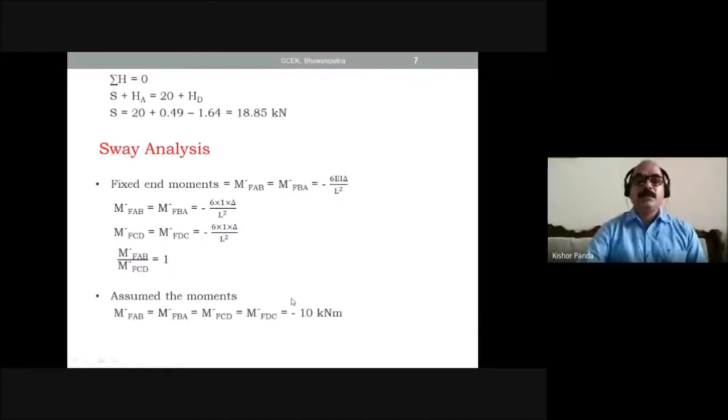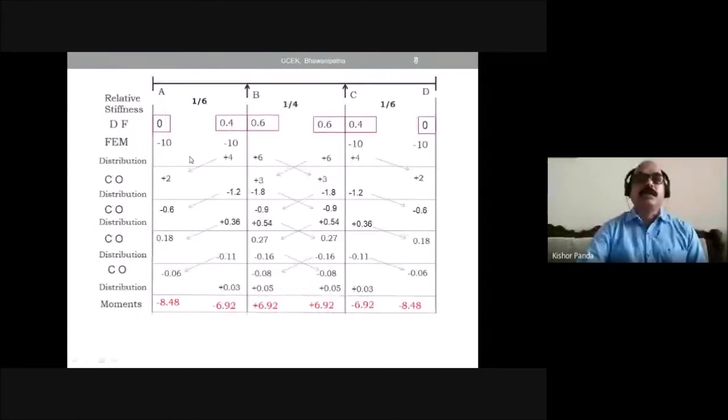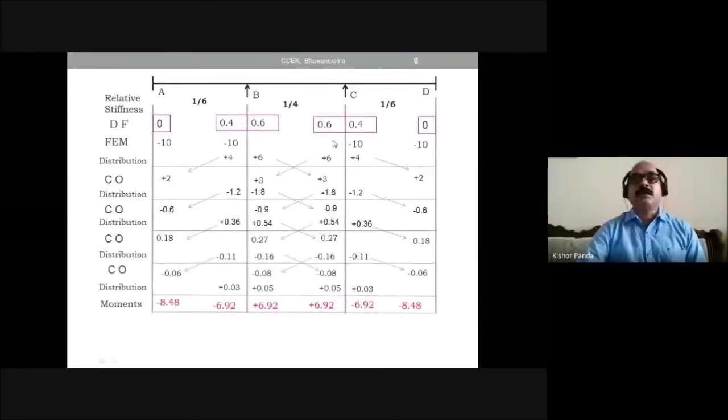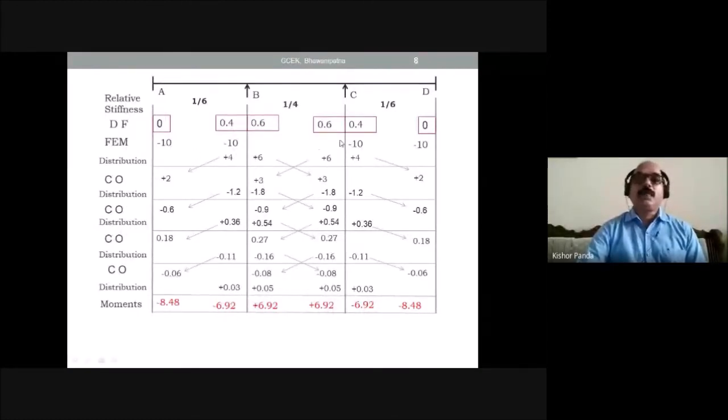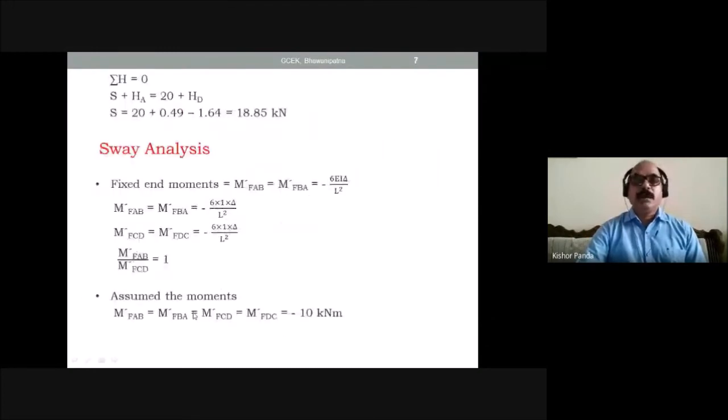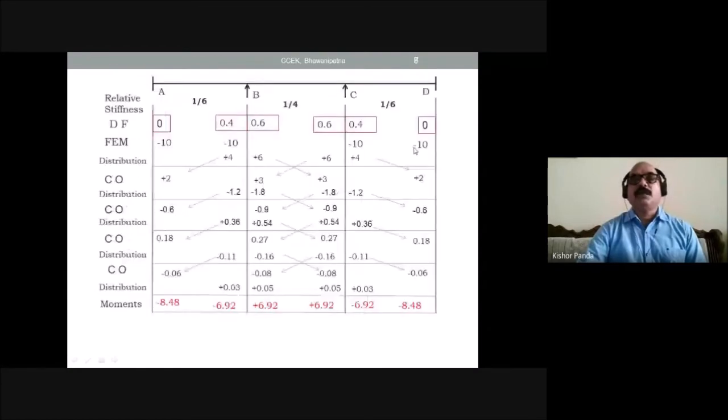For the horizontal member there is no moment in the sway analysis, and for CD also M dash FCD and M dash FDC is minus 10. So you put that fixed moment in the columns of the vertical members AB, BA, and CD, DC.